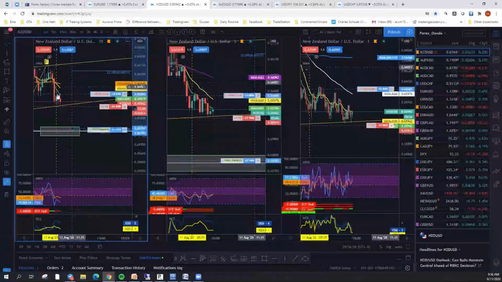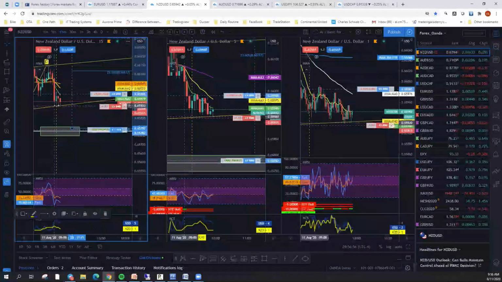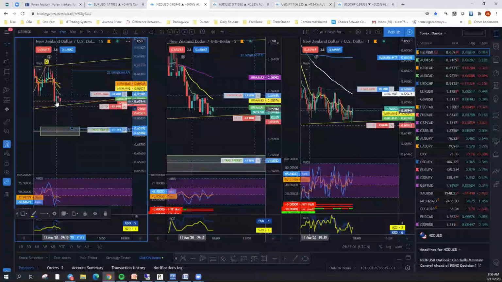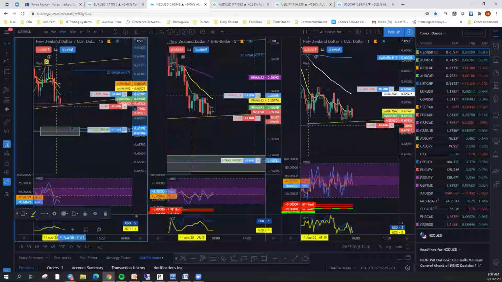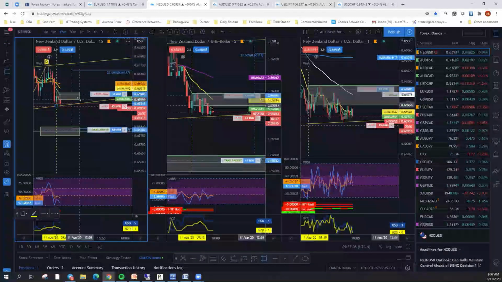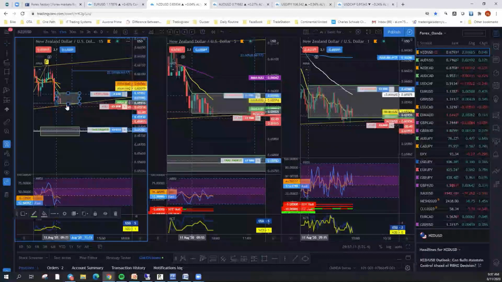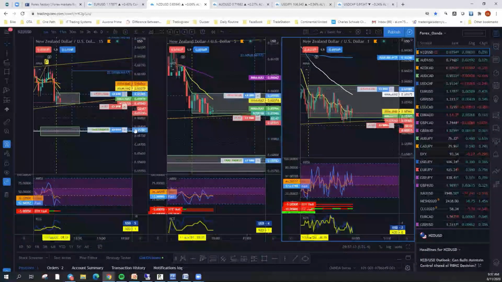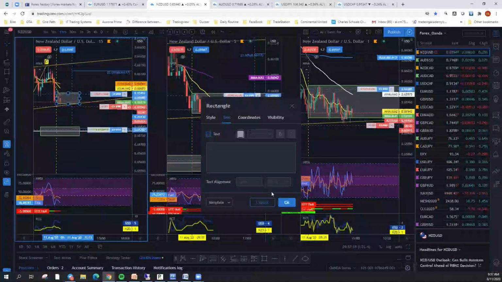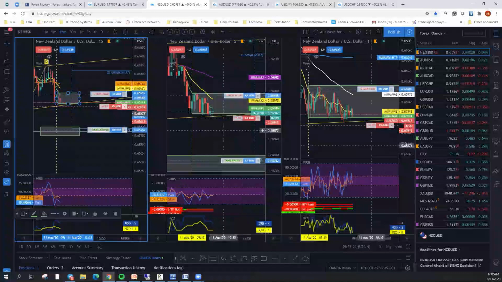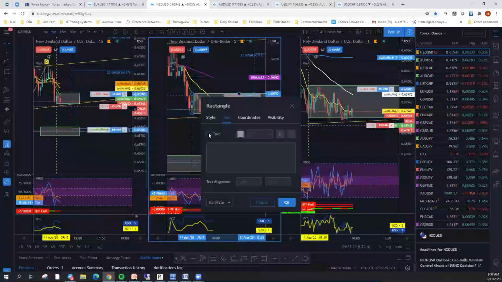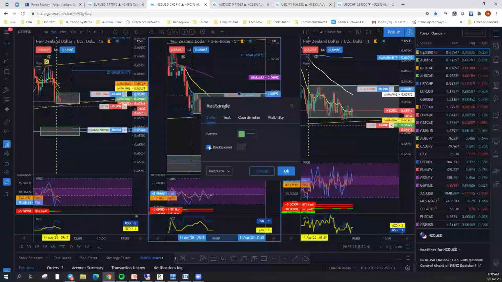Right now, I like this little box. We have somewhat of inside candles here. We're not closing below the body of this blue candle on the 15-minute chart. There we go.